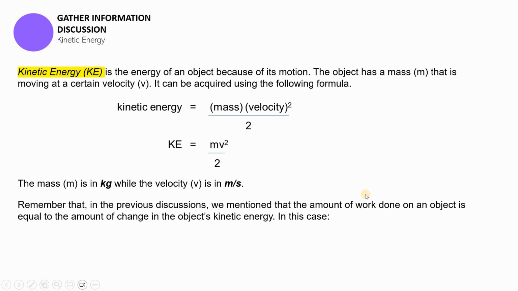If you want to see how much the object's kinetic energy changed, the amount of work done on it is equal to that change as well. So pareho lang siya. The kinetic energy is equal to the amount of work done on an object, so KE is equal to work, or W.